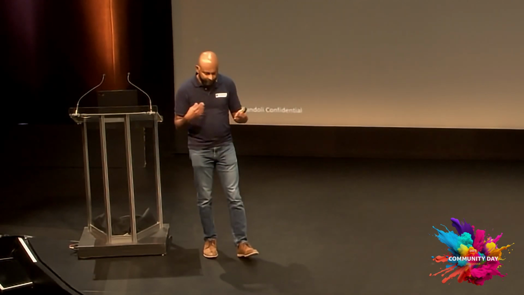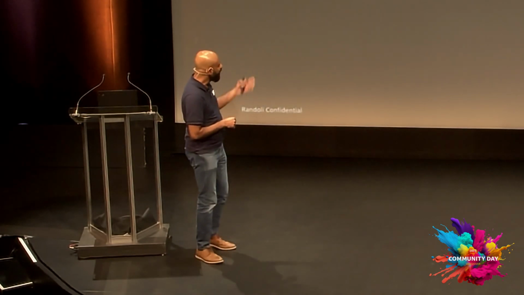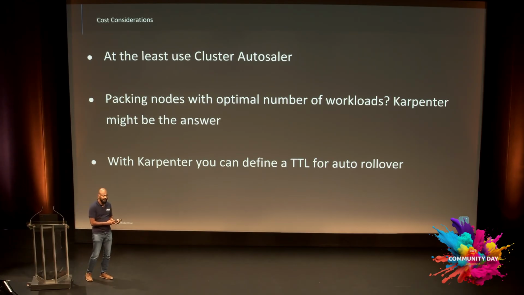Talking to some security folks, they like to recycle nodes within a certain duration, because if you're running some sort of unwanted workloads, that's one way to mitigate against it. But you also generally get an updated AMI image, right? So it's a good strategy to have. These are some of the things that we've learned by running our own workloads and talking to our customers. Hopefully this was useful.